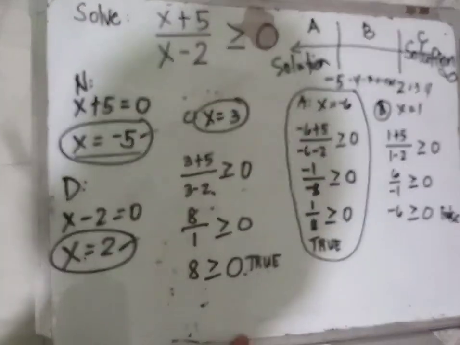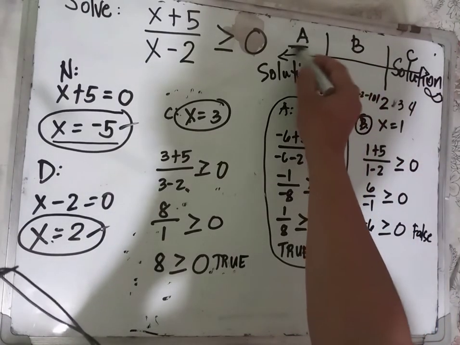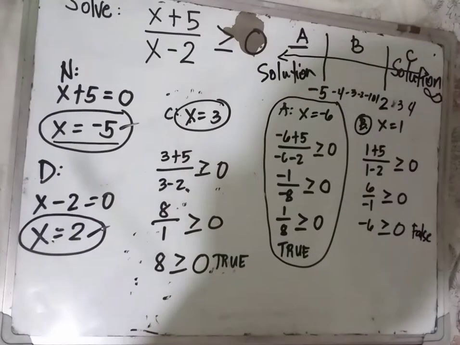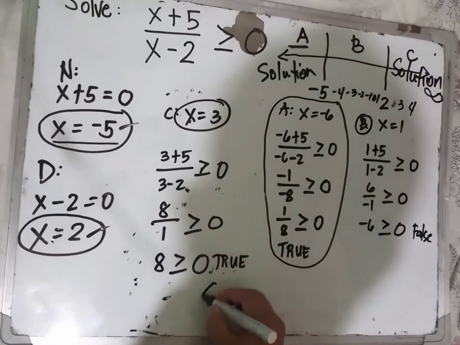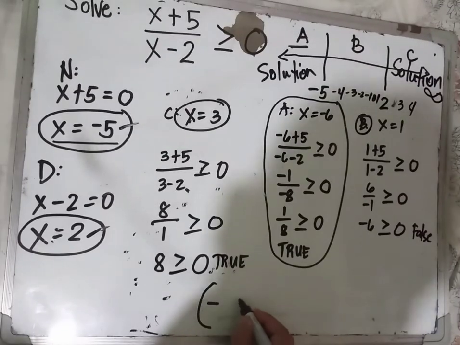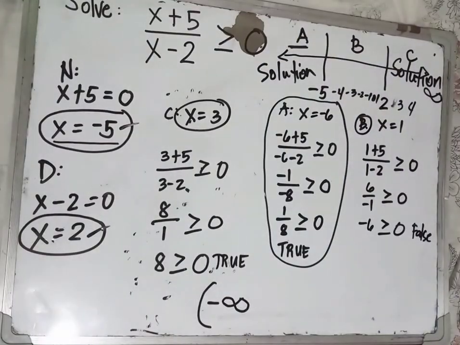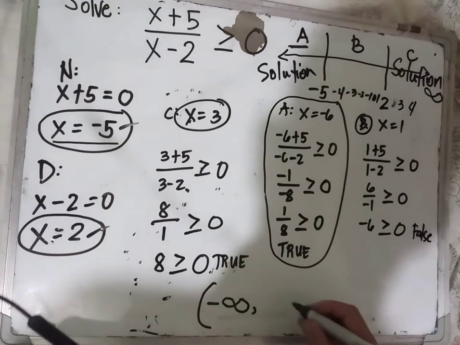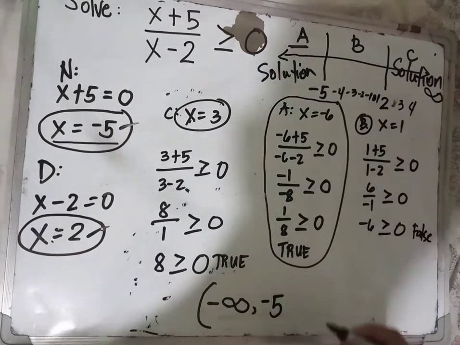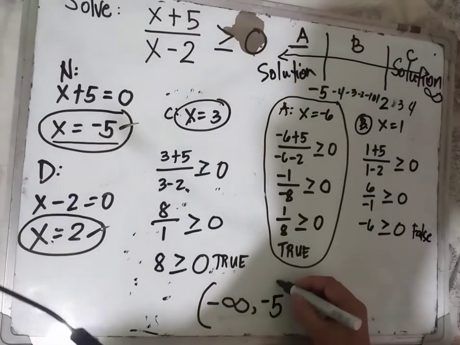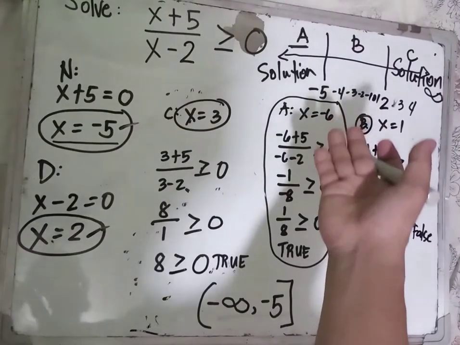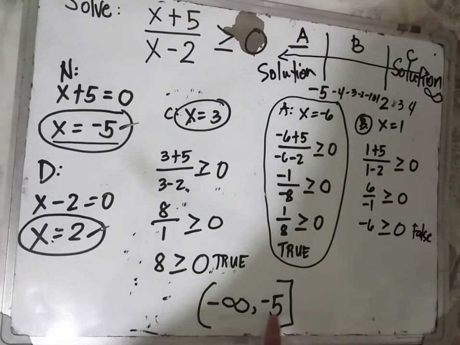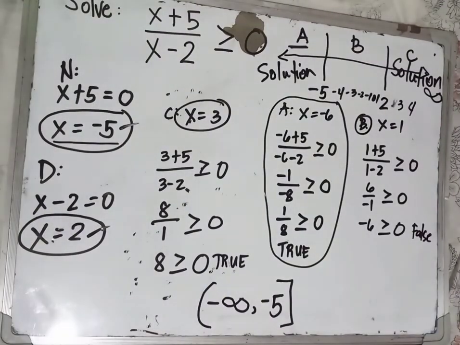Since ang solution natin is makita sa interval A, the solution is from negative infinity to negative 5, that is interval A. We will use a bracket kasi yung negative 5 is included sa solution.